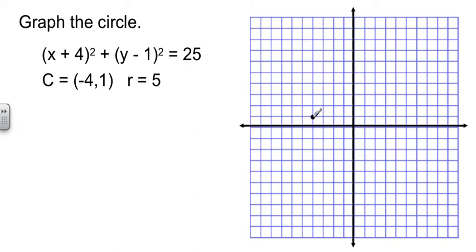What I'm going to do is measure 5 up, 5 right, 5 down, and 5 left. And then I'm going to draw something circle shaped, something with some roundness to it. Close enough. Okay, your circles can be just as hideous as mine and it will be okay.